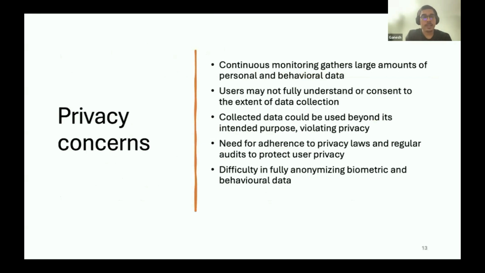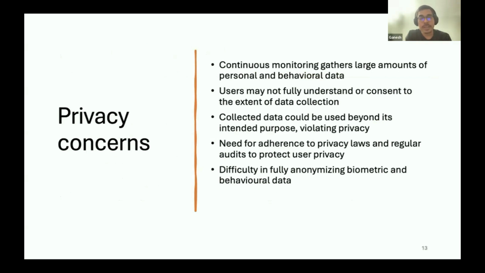And also, there are a lot of privacy concerns regarding continuous authentication because you are collecting users' sensitive data, which is eye tracking. Many users might not like collecting their eye movements and using it for authentication or whatever purposes the organization might use.